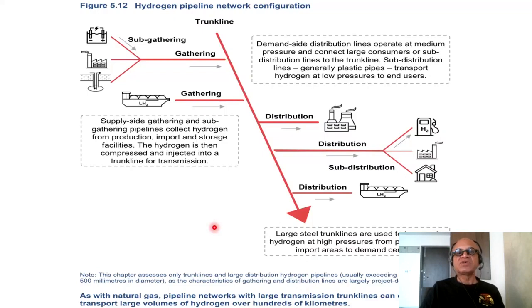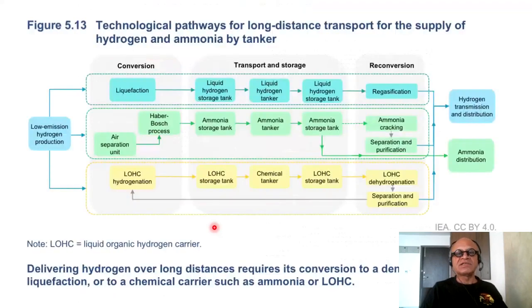So for example, Saudi Arabia wants to be a net exporter of hydrogen over time and has invested large amounts, so they want to shift away from depending on oil, which they see as something that will become less and less acceptable by the global community. So they want to move to hydrogen and be a supplier of hydrogen, for example. Technological pathways for long-distance transport for the supply of hydrogen and ammonia by tankers.